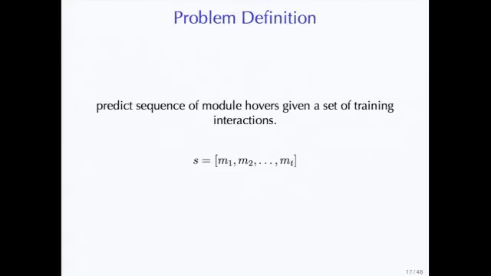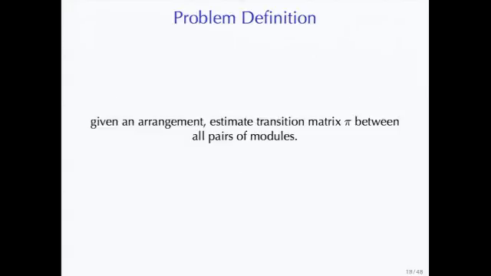It might be, in a linear scan case, algo 1, algo 2, algo 3, etc. Or we might observe a user starting at image at 4 and then going up to algo at 3 and then jumping down to algo at 5. So this sequence of modules is going to be the data that I'm interested in predicting.